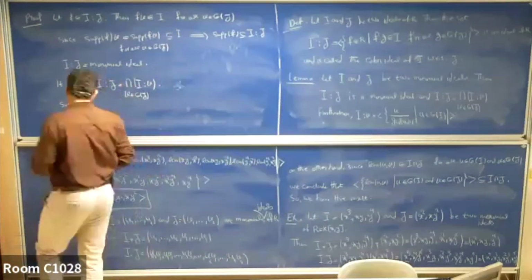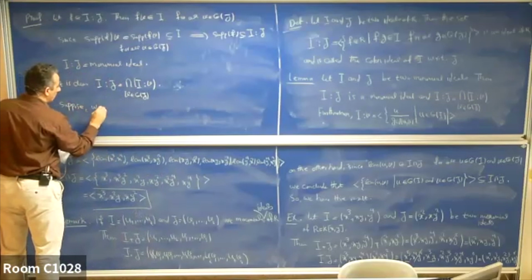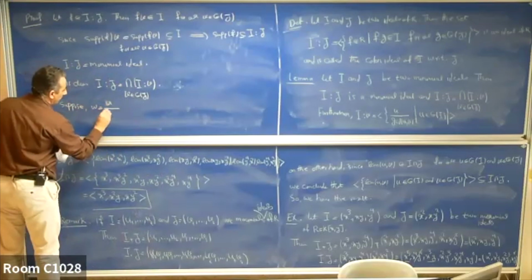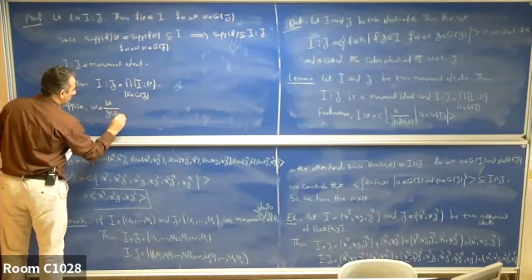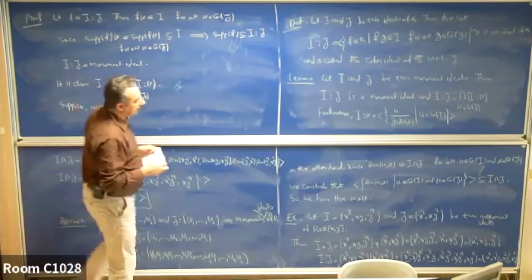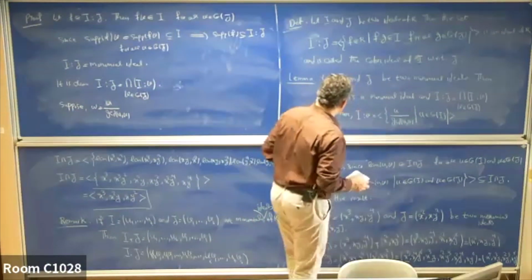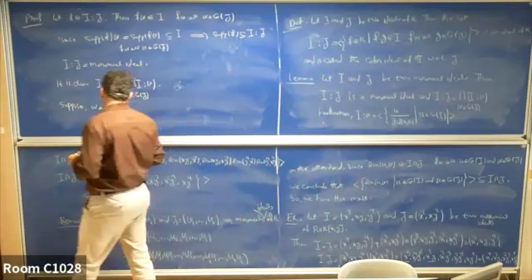Suppose w is equal to v divided by GCD of u and v. We consider an element in here. We conclude that this element is in the left hand side.